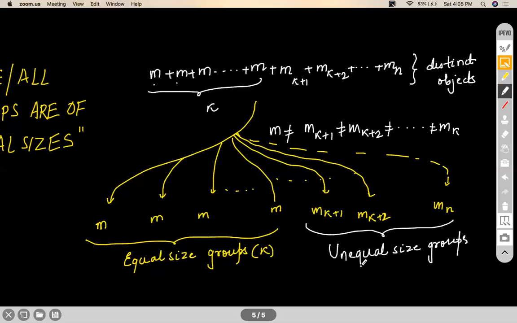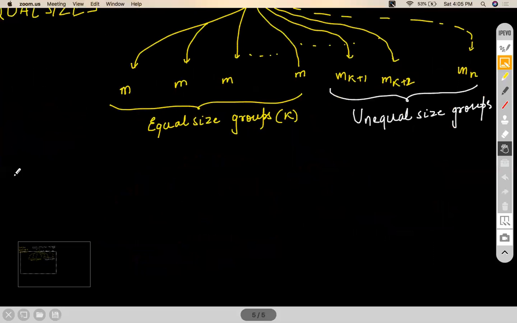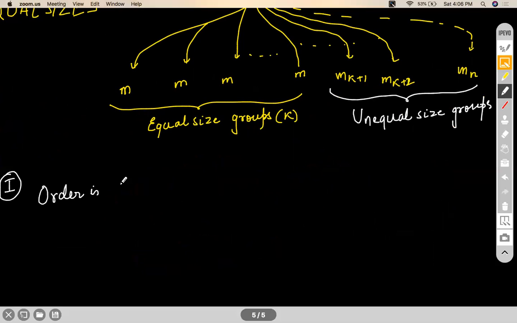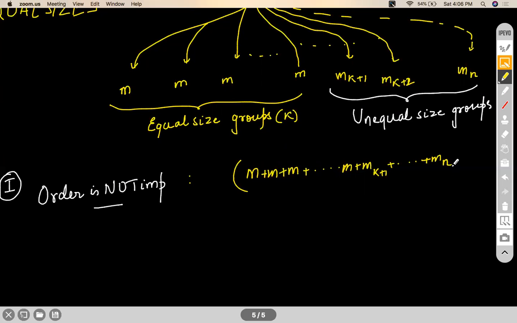In this case, what will happen? All of you please pay attention. If the order is not important, that means you're not assigning any identity to the groups involved, then your total number of ways would be the total number of objects factorial, divided by m factorial to the power k.